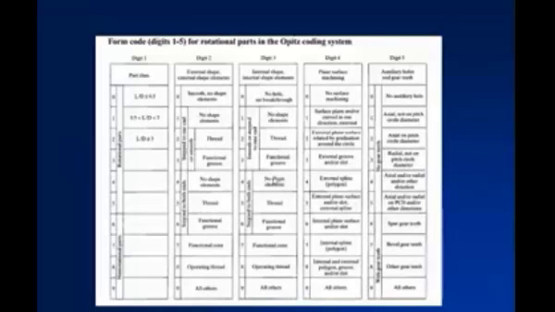If digit 3 is 4, then no shape elements. Digit 4 is related to plane surface machining; if it is 1, then a plane surface in one direction is required. So this coding system is used to identify the part families in group technology.